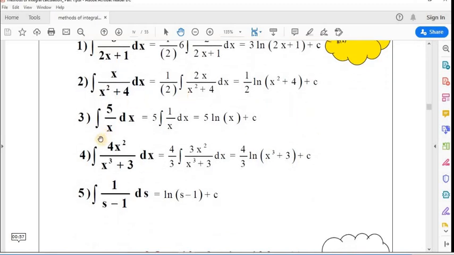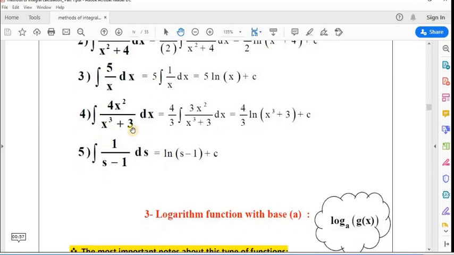Same situation here. The derivative here is 1, so the integral of 1 divided by x will be ln x. Same concept here. The derivative of this one will be 3x to the power 2.